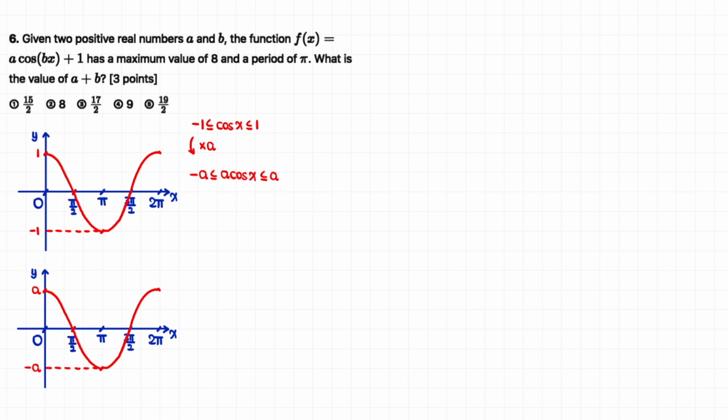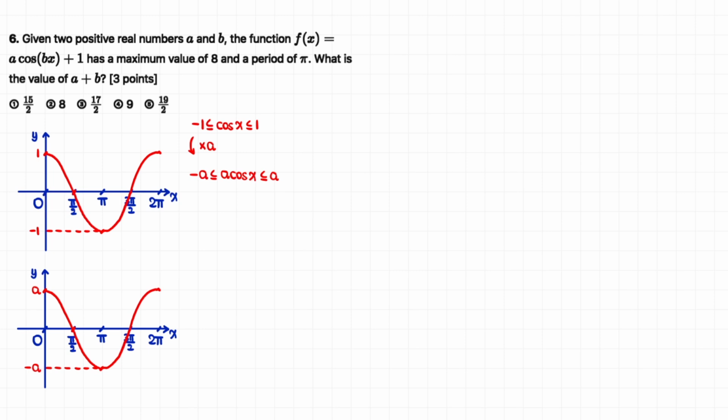Oh, and by the way, they told us that a and b are both positive. So the overall shape of the graph doesn't flip. If a were negative, then the graph would be upside down, looking something like this. But in this case, it's not, so we don't really need to worry about that.